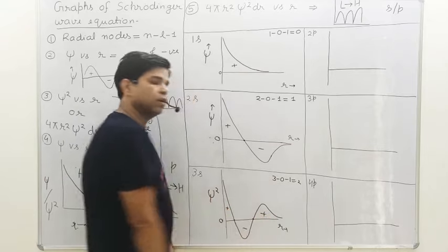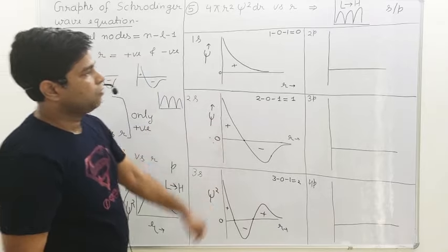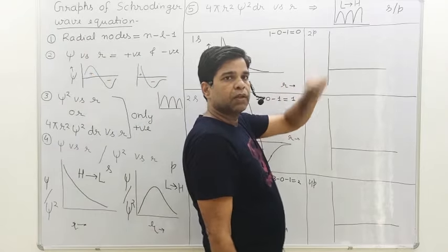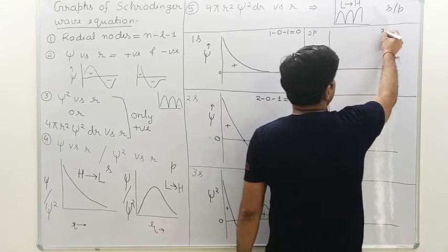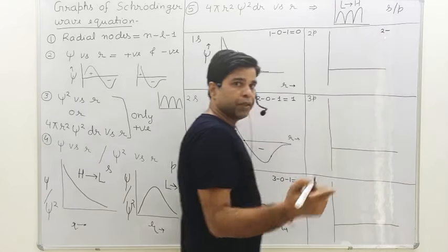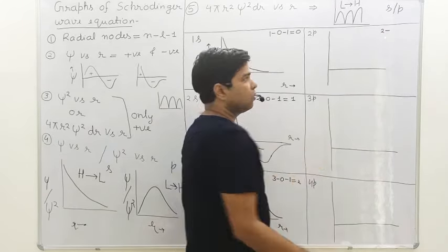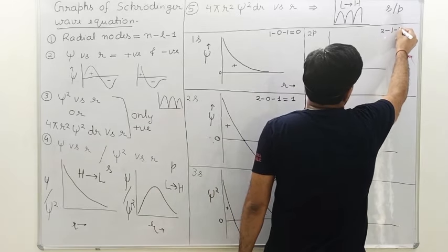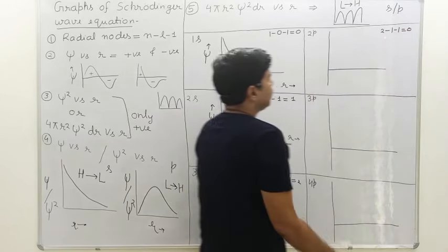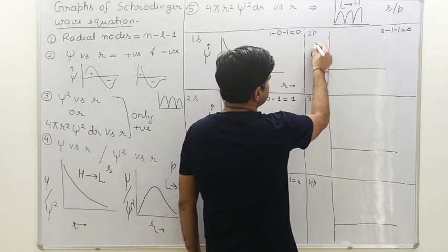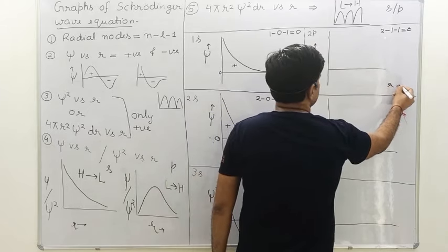Now let's come to the different graphs of the p family. P family starts from the 2p. Calculate the radial node. 2 minus, for the p subshell, the value of l is equal to 1. So 2 minus 1 minus 1 is equal to 0. So we do not have any radial node here. Psi cannot be 0 in this case.